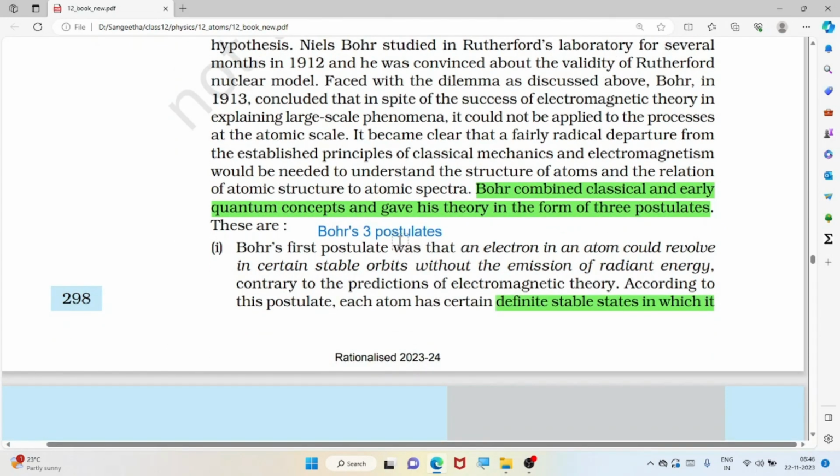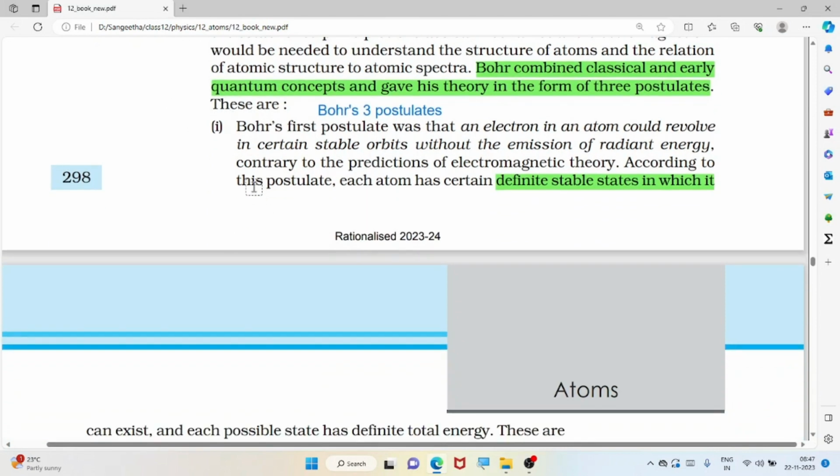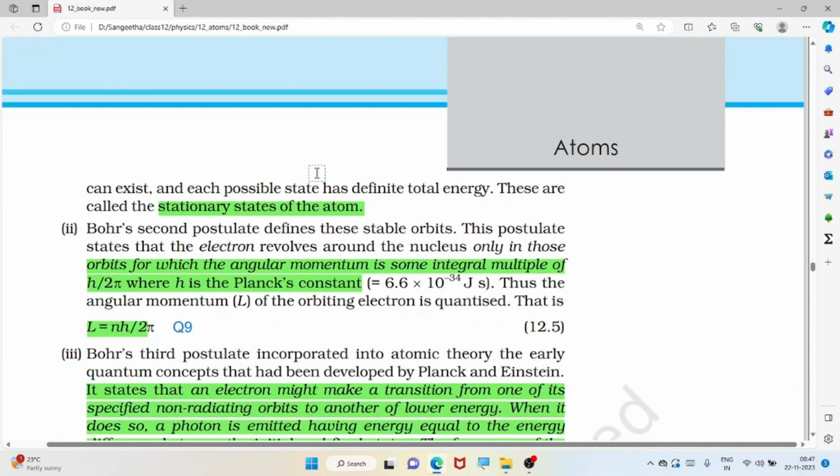So these are Bohr's modified model's three postulates. He says in the first that there are definite stable states in which the electron can exist.